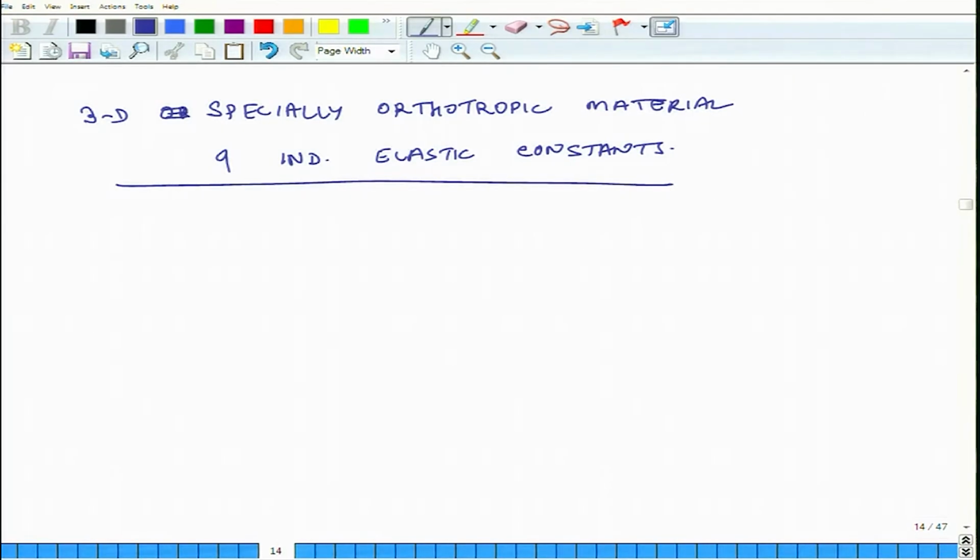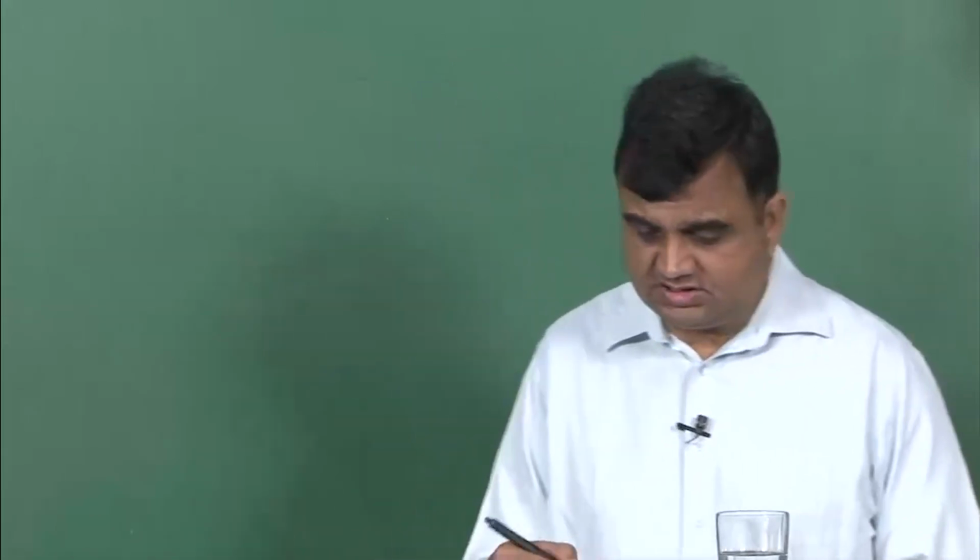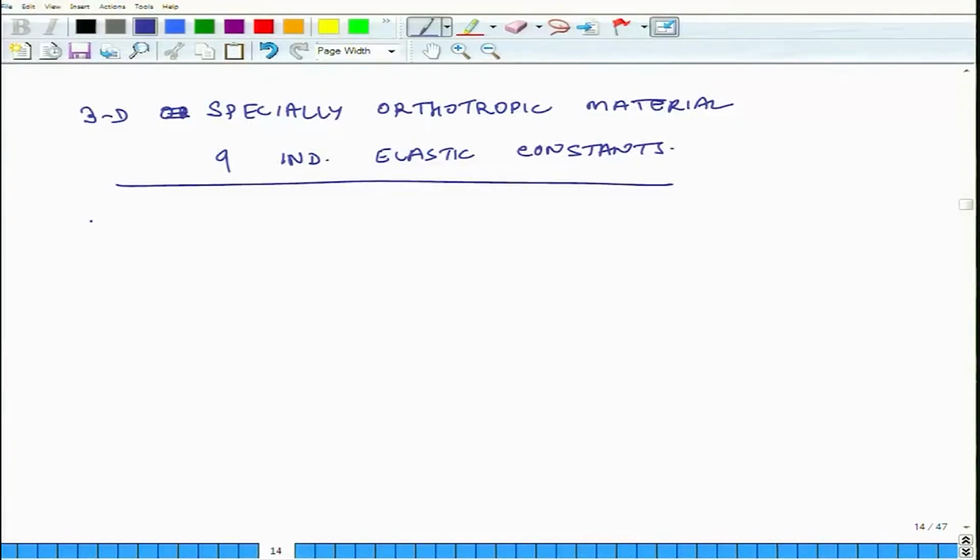Now, either we can express the equations in the tensor form which we just saw, or now I am going to make my notation a little simpler, because otherwise I have to write sigma 1 1 and then I have to write E 1 1 1 1, E 1 1 1 2 and all that, 4-index notations. So, in non-tensor notation, in matrix non-tensor form, I will just write sigma 1.